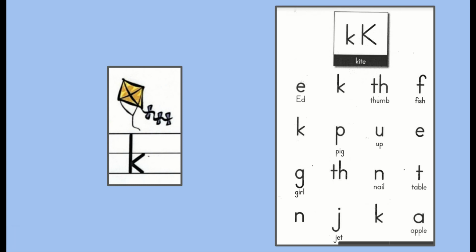Now I will point to a letter and you say the sound it represents. Ready? P, like pig. Th, like thumb. K, like kite.